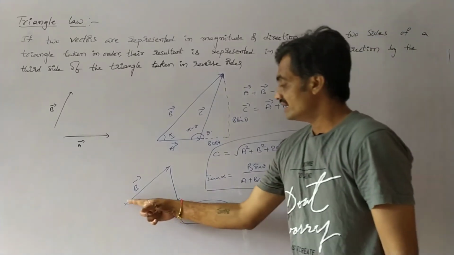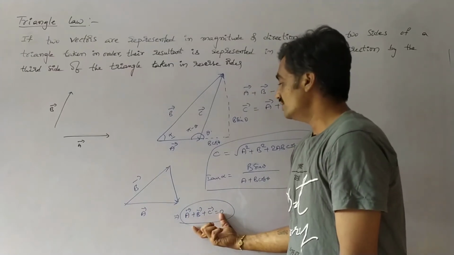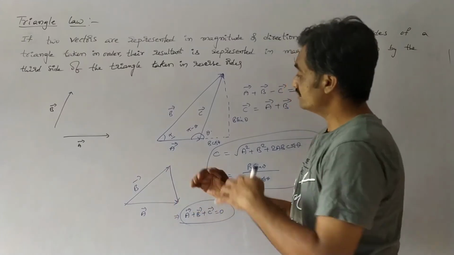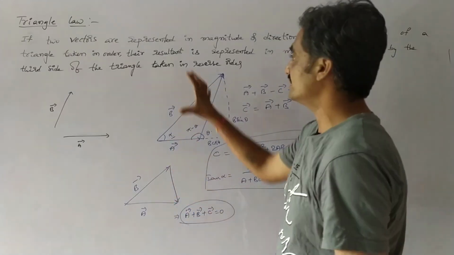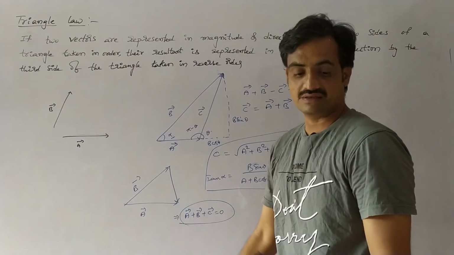Why? Because they are acting along the same direction. So we don't consider the resultant vector along the same direction. We just reverse the direction of the vector and represent it in the case of the triangle. Take a screenshot. We will continue with the next one.